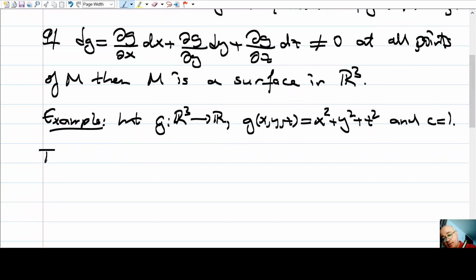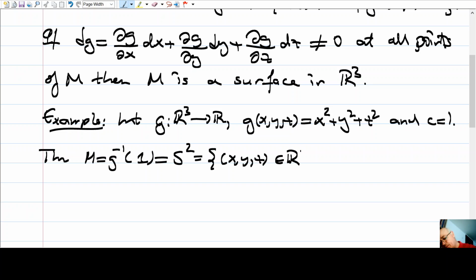Then the inverse image of 1 under the function G is nothing but the unit sphere in R3, triples x, y, z so that x squared plus y squared plus z squared is equal to 1.